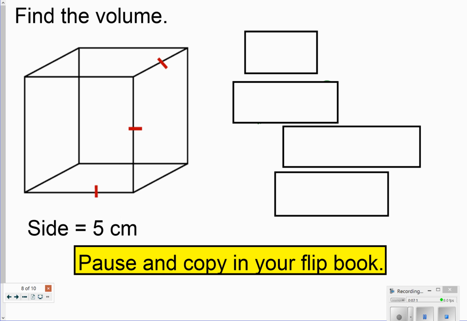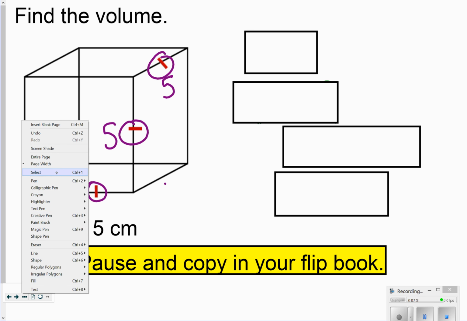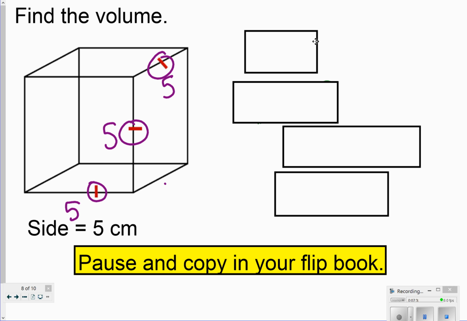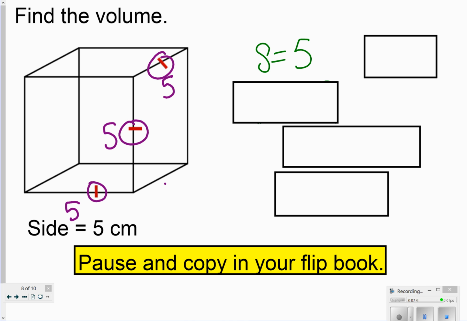Let's try an example. Here we have a square, and our hatch marks, if you see them right here, indicate that it's going to be a cube and that all of our sides are the same. In fact, this time our sides are 5 centimeters. So we have a 5 here, a 5 going up and down, and a 5 going from front to back. Okay, so sides are 5.